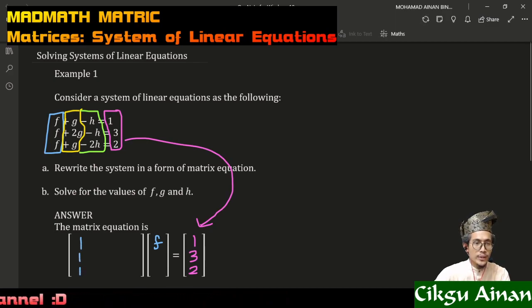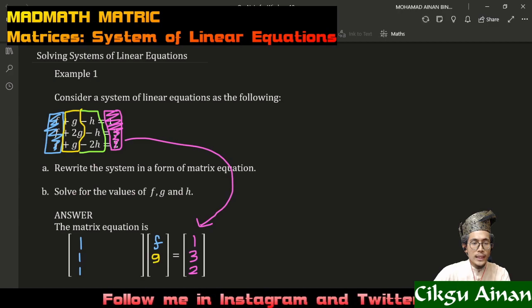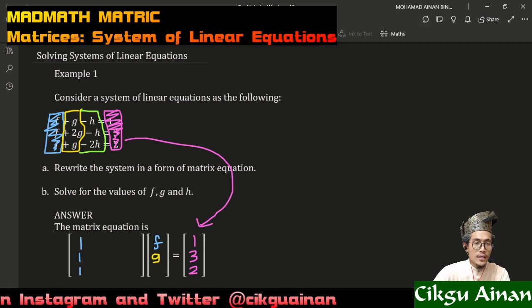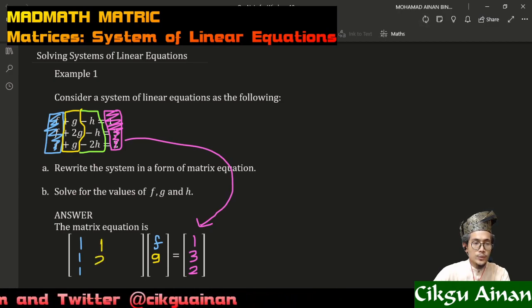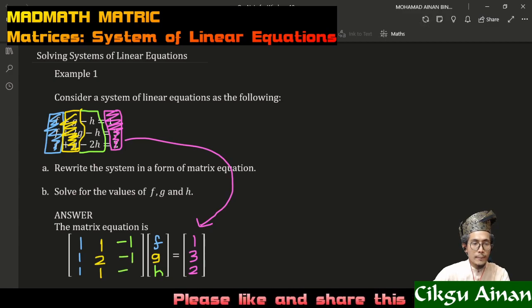We are done with the blue one and the pink one. What's left? The yellow one is the coefficient of g, and the coefficients are 1, 2, and 1. Last but not least is the third variable h, and the coefficients are -1, -1, -2.